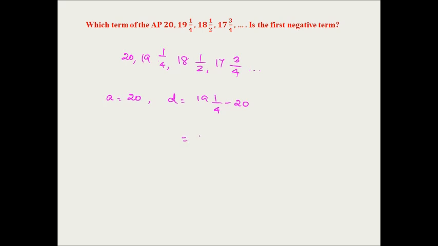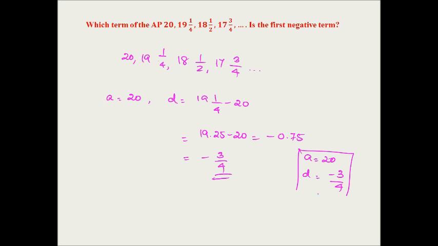That's equal to 19.25 minus 20, which is minus 0.75. We will convert this to minus 3/4. Here a is equal to 20 and d is equal to minus 3/4.